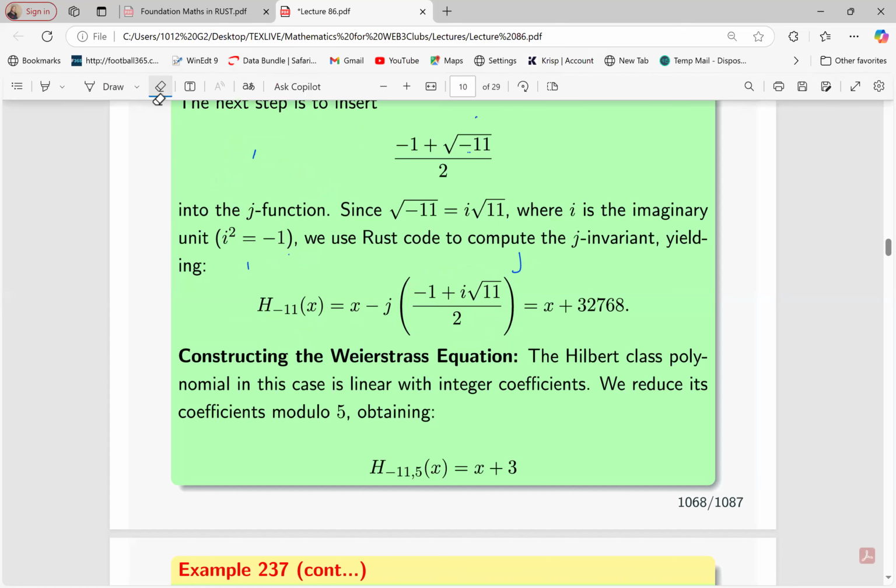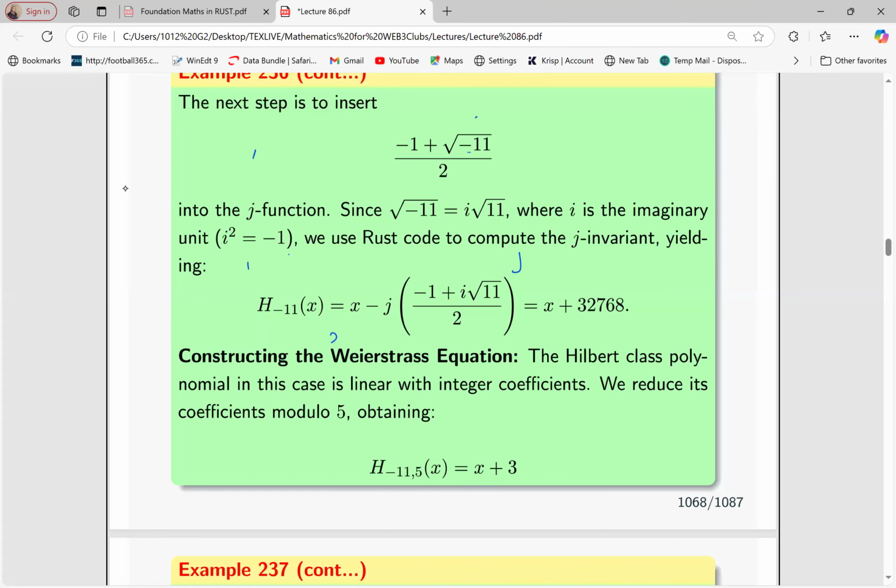After you've gotten the j invariant, we'll plug it here. X minus the j invariant gives you the Hilbert class polynomial. Once we have this, we reduce it mod 5. When you reduce this mod 5, you get 3 as the remainder. That's what I've just done here.